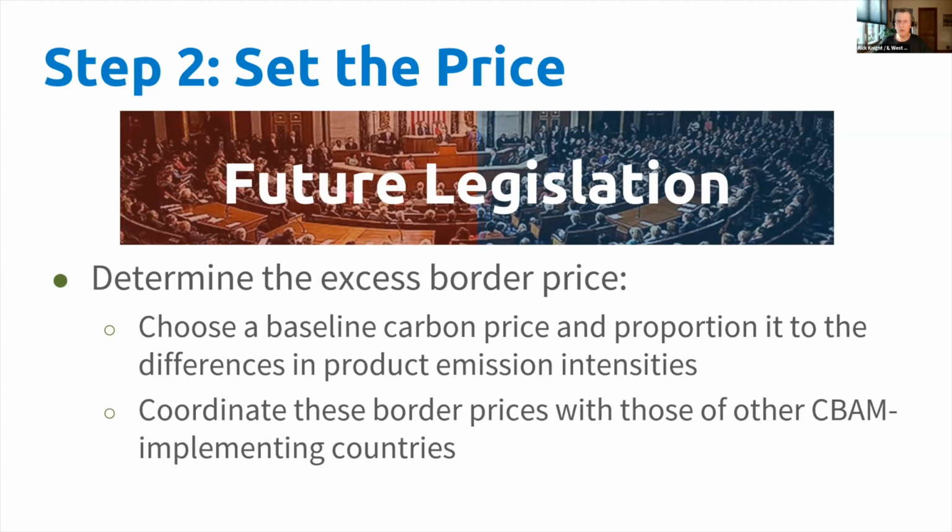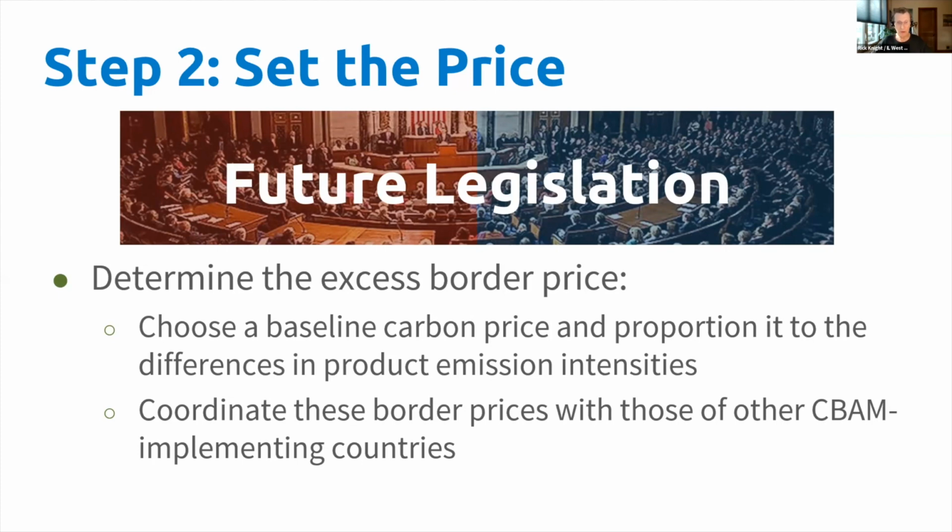Now, another issue is how to coordinate these border prices with those of other CBAM implementing countries. If the baseline carbon prices are substantially different between, say, the US and the EU, there would be an incentive to negotiate some bilateral agreements between the countries to help simplify the execution of their respective systems.